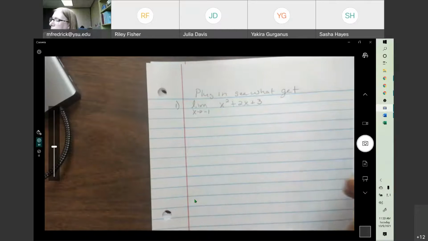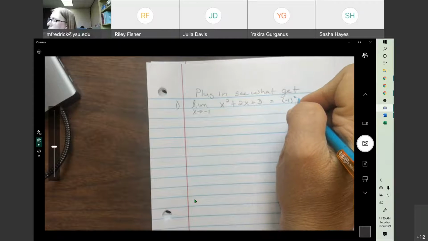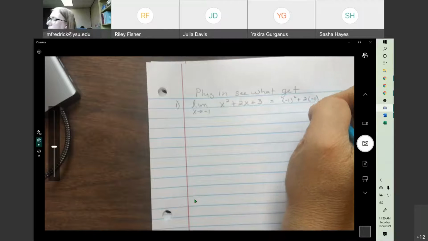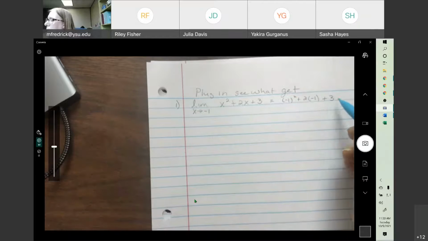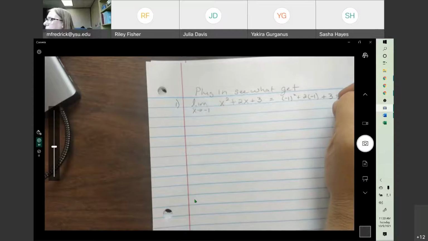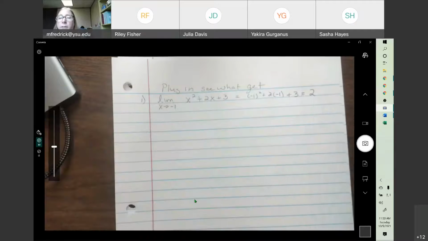So if we plug in -1, we get -1 squared plus 2 times -1 plus 3, and we get an answer. So that's it. That's our answer. So if you can plug it in and you get a value, you're done.